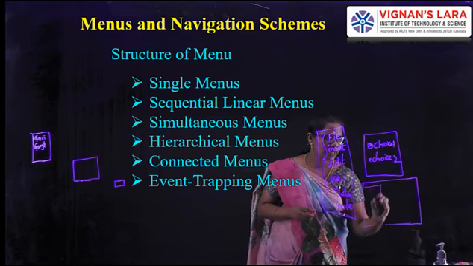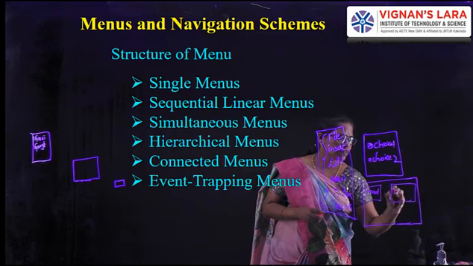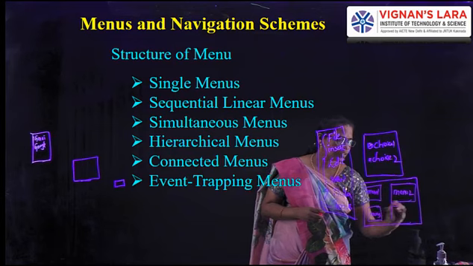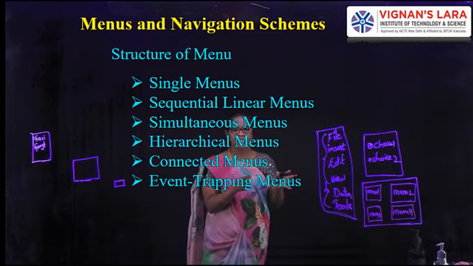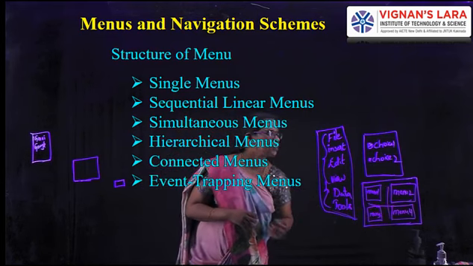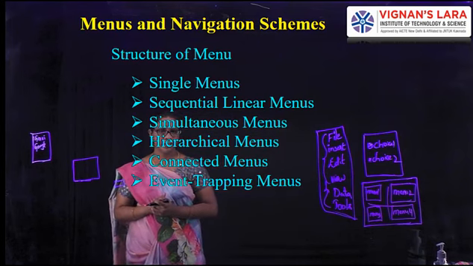You will have one menu here, menu 1, menu 2, menu 3, menu 4. Like that you will have them in a sequential manner. Sequential is nothing but one by one, placed side by side. So that is the sequential linear menus, we can say.